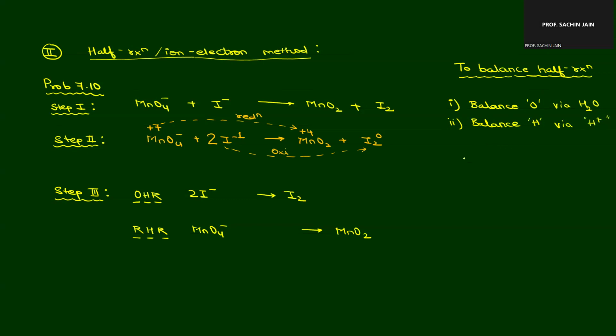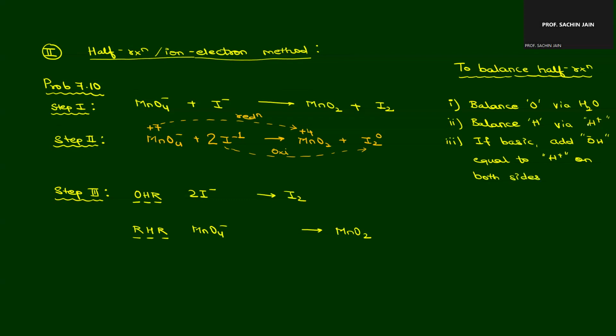Now step 2 will be done when the medium is acidic or basic. But in the case of basic medium, you have to do the third step as well, meaning when the medium is basic, you have to add OH minus equal to H plus on both the sides.